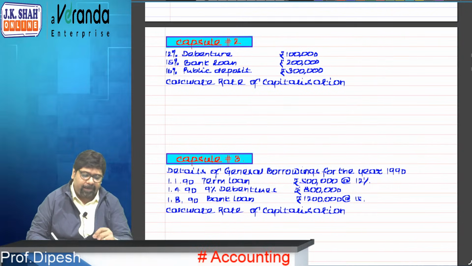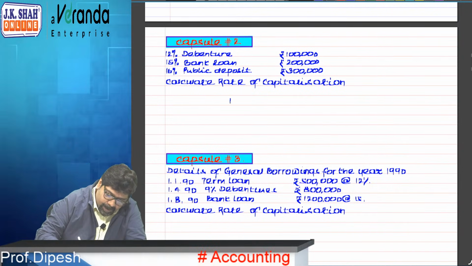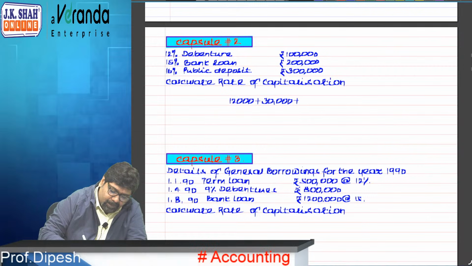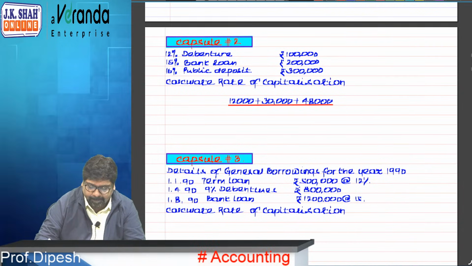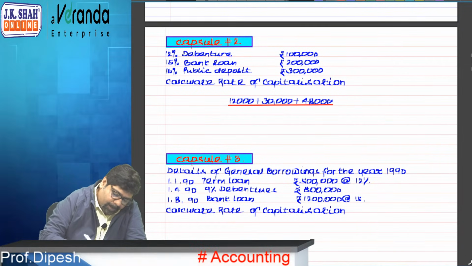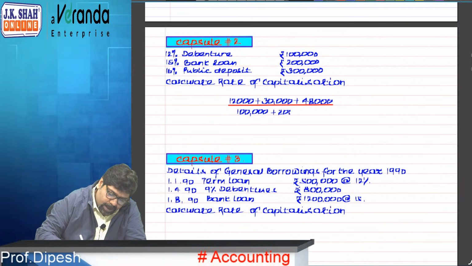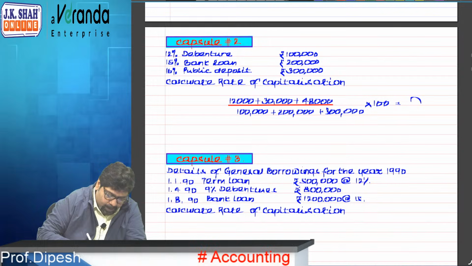See very carefully. 12% of 1 lakh, that is 12,000, plus 15% of 2 lakh, that is 30,000, plus 16% of 3 lakh, that is 48,000, divided by 1 lakh plus 2 lakh plus 3 lakh, into 100, whatever you get.